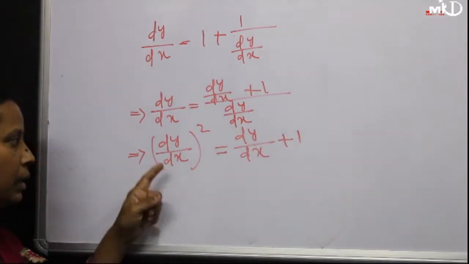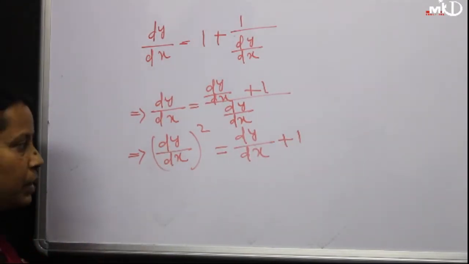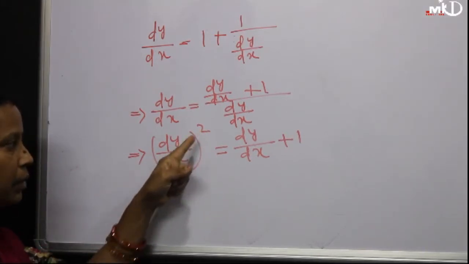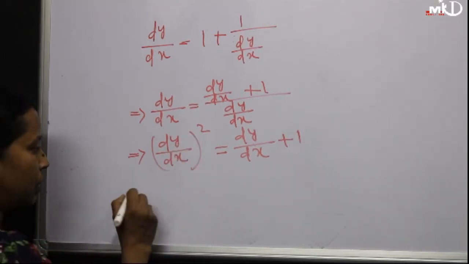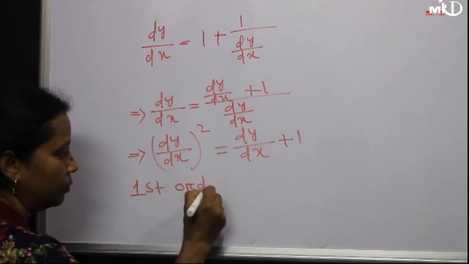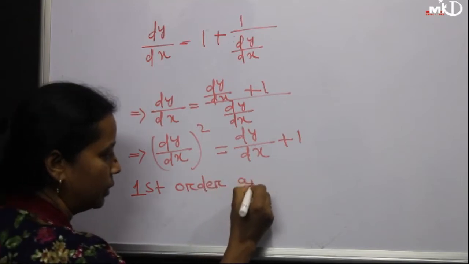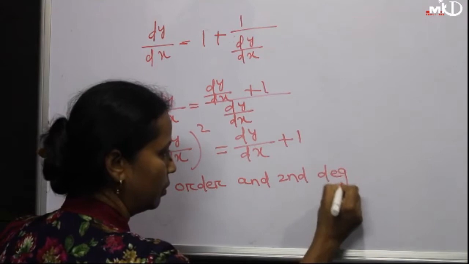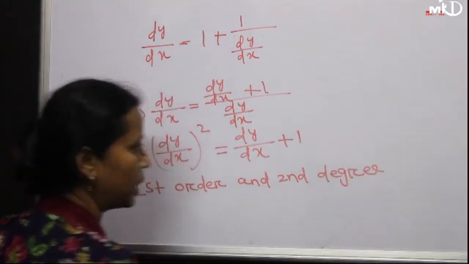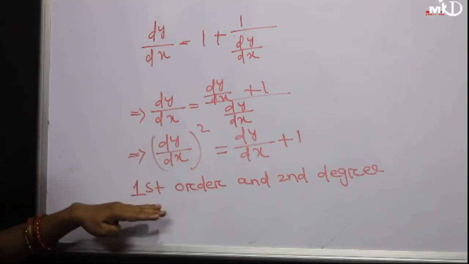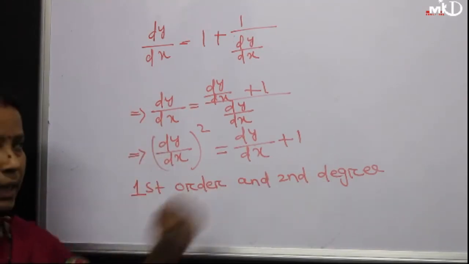Now you see, it is the first order differential coefficient and the integral power of this differential coefficient is 2. So this is a first order and second degree differential equation.